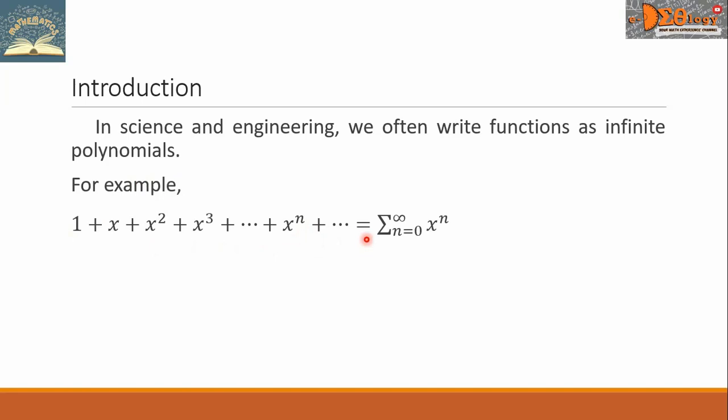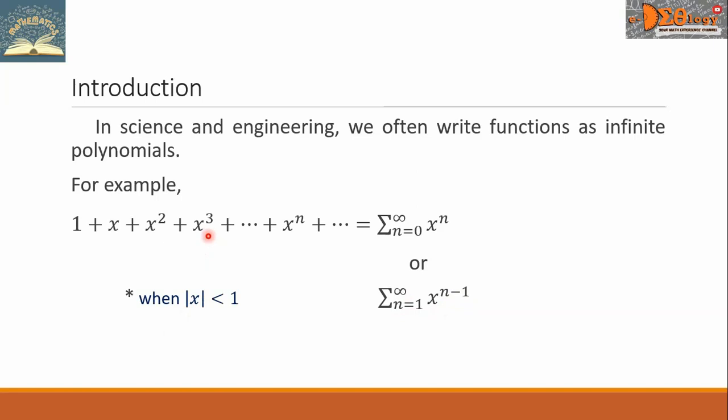We can write this in sigma notation like summation from n equals 0 up to infinity of x raised to n. Or we can write it like this, summation from n equals 1 up to infinity of x raised to n minus 1.